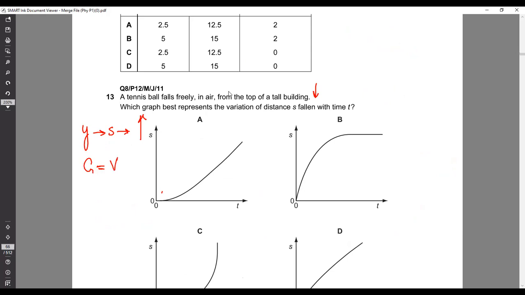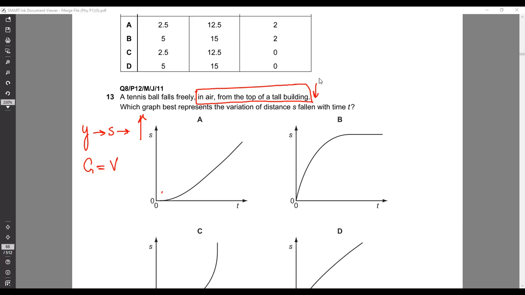So as you drop an object, what should happen to the velocity? Should it increase? Should it decrease? Or what? Not getting your answers.